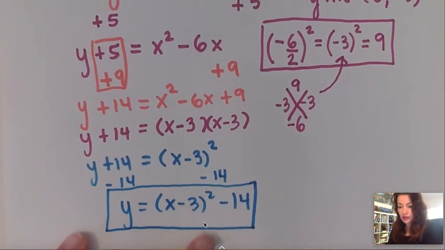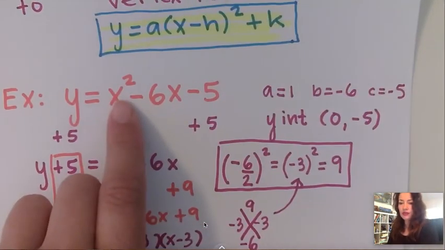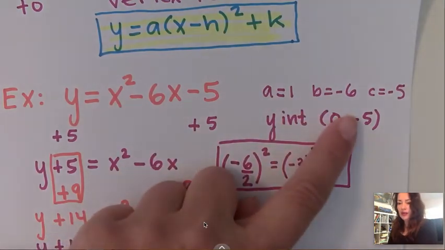So let's check our work. Recall that our y-intercept in standard form was (0, negative 5).